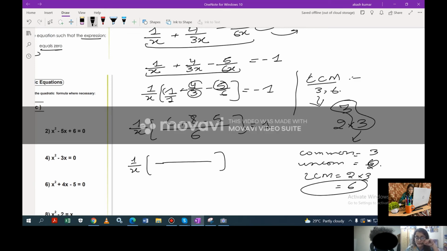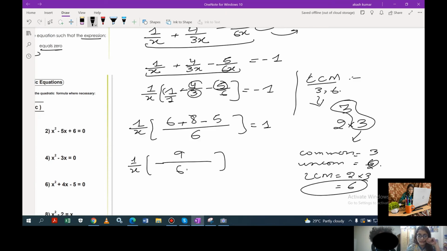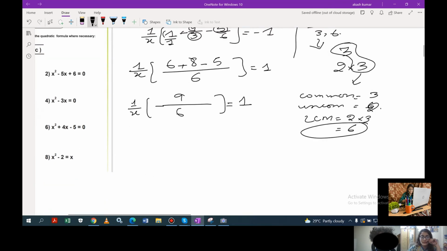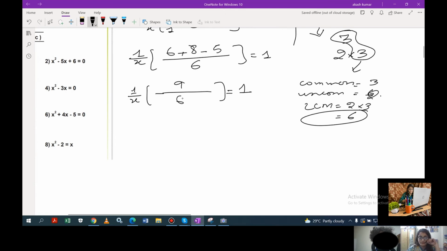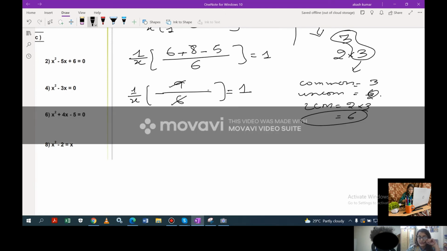So 6 plus 8 is 14. 14 minus 5 is 9. 9 over 6 equals 1, right? 3 goes into 6 two times, 3 goes into 9 three times.